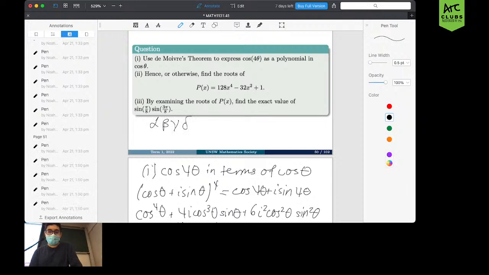The product of roots tells us that it's equal to the constant term divided by the leading coefficient, 1 on 128. And that's by Vieta's formula. Vieta's formula is just a fancy way of saying sum and products of roots. And we know that the product of our roots is equal to 1 divided by 128.